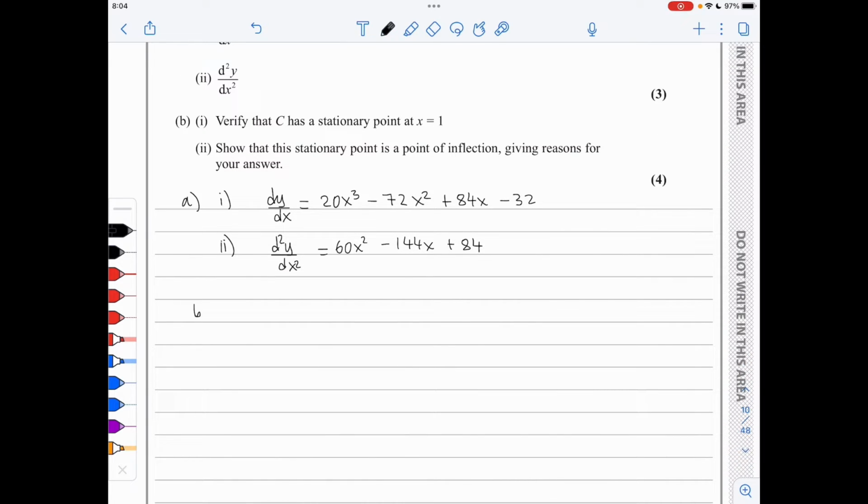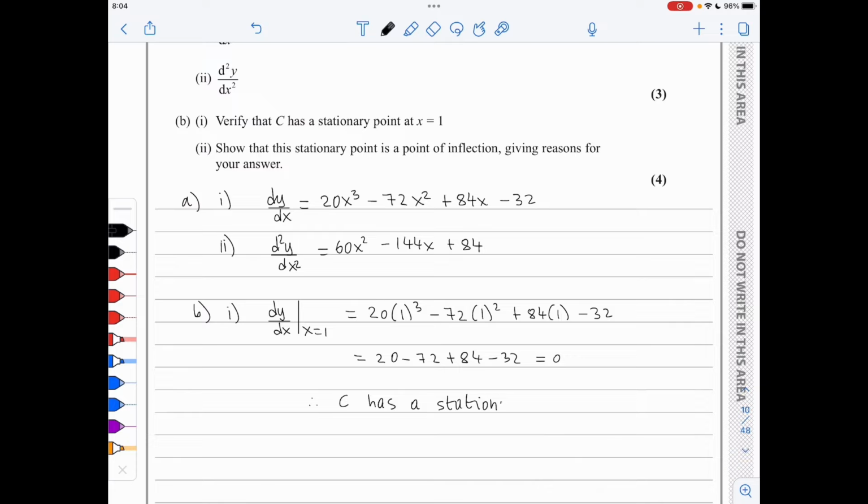So I will start by evaluating dy/dx at x is 1, which is 20 times 1 cubed minus 72 times 1 squared plus 84 times 1 minus 32, which is 20 minus 72 plus 84 minus 32, which is 0. Therefore, C has a stationary point at x is 1.